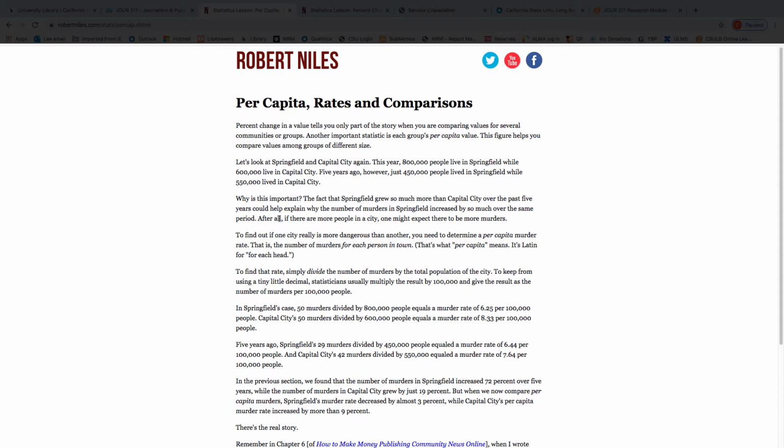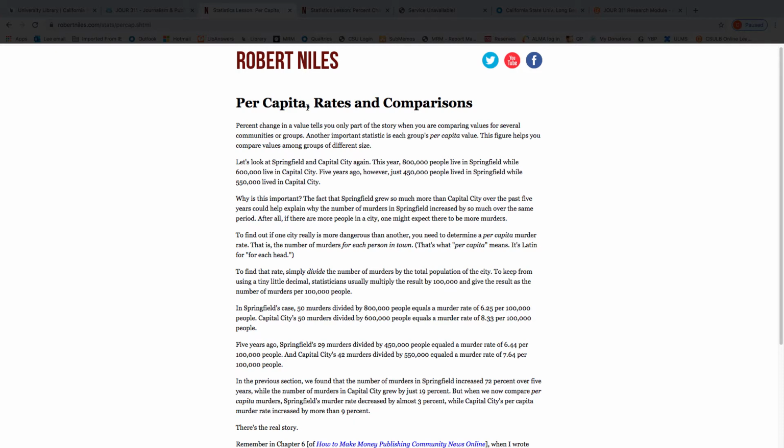So whenever you're comparing communities of two different sizes, you have to be able to look at the per capita rate. So how many murders per 100,000 people, or how many murders per million people? That's very important to recognize.